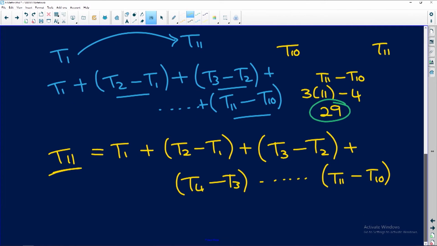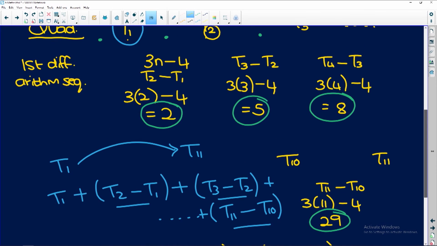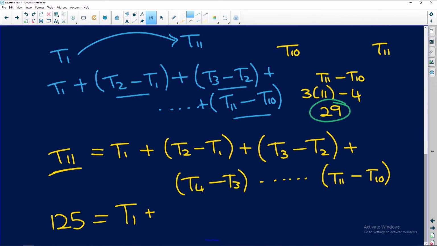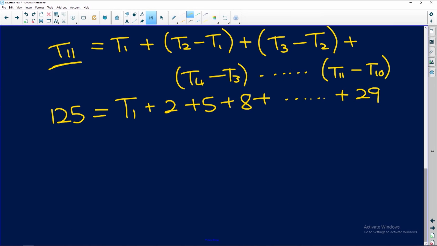The reason I'm doing this is we found the values of those differences. Term 11 was given to us as 125. We are trying to find term 1. We found that the difference between term 2 and term 1 was 2. So it's going to be 2 plus 5 plus 8 plus all the way to that difference, which was 29. Okay, hopefully you guys see this.